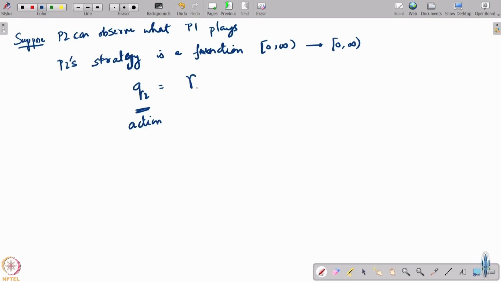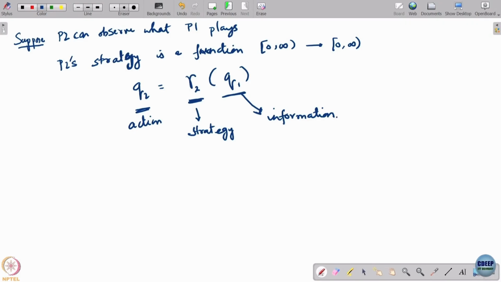So, let us call this function gamma 2. This here is his strategy, and it is chosen as a function of Q1. This here is his information. Is that clear? So, whenever you are in a dynamic game, strategies necessarily become functions, okay, because someone has some information which is non-trivial.